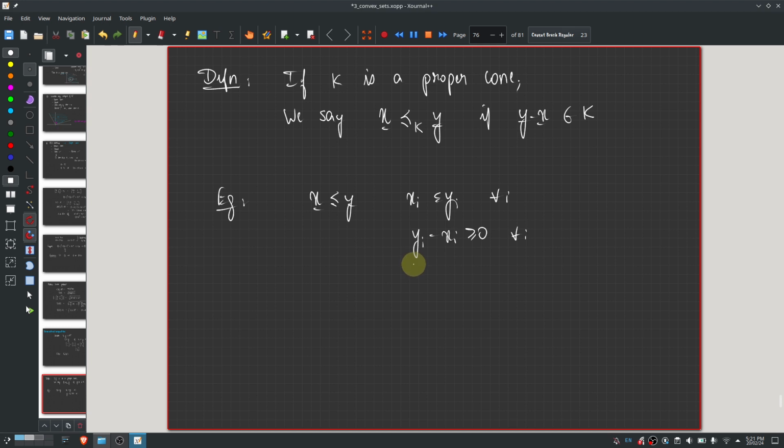If every entry is greater than or equal to 0, then it must mean that this vector y minus x should lie in the cone. So in R2, it has to lie in the first quadrant. y minus x should lie in the first quadrant, or in general it should lie in the non-negative orthant. Right?